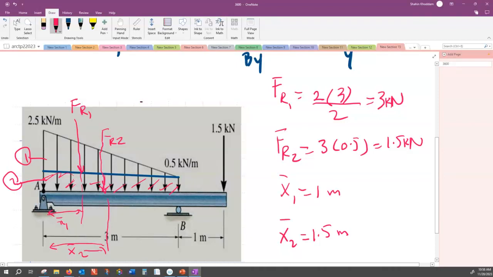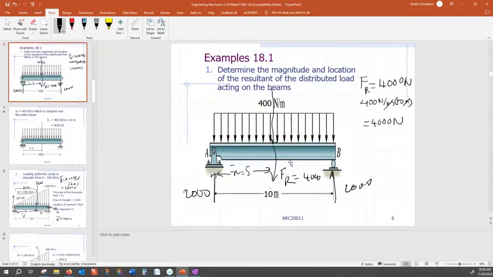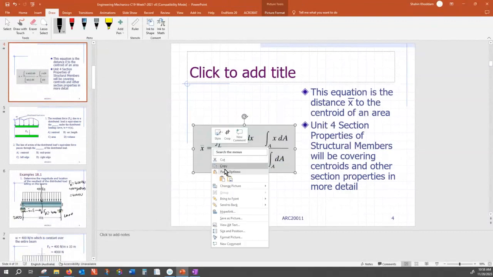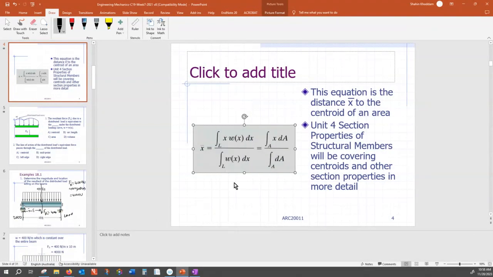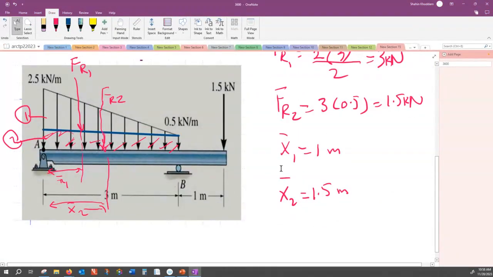Now, let me bring the equation we had before, and I'm trying to reinvent that equation. So what do I mean by that? First question, how do I substitute two forces with one single force?